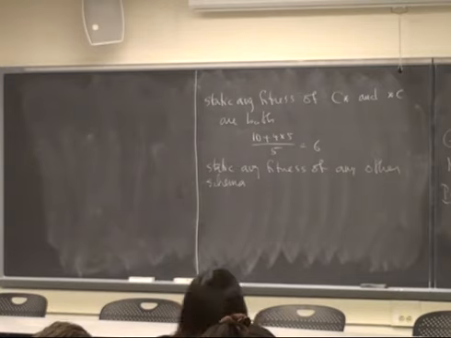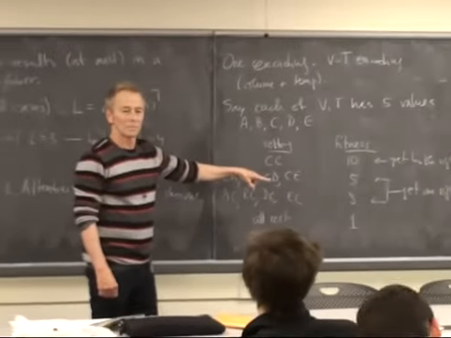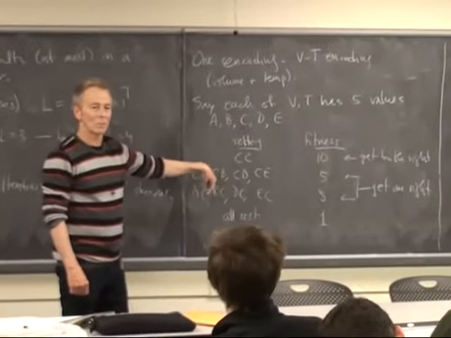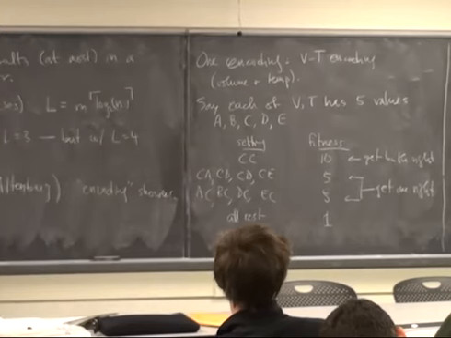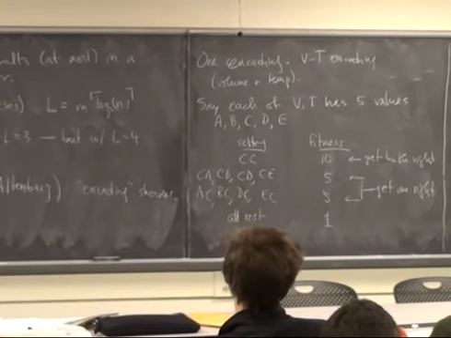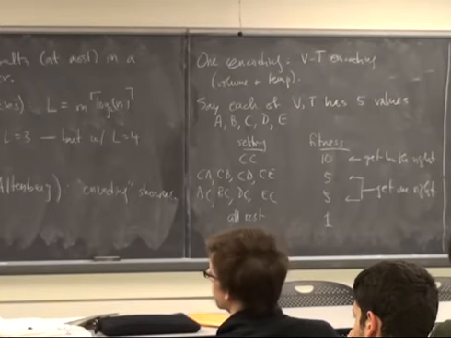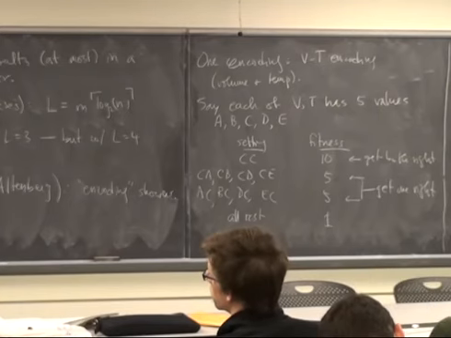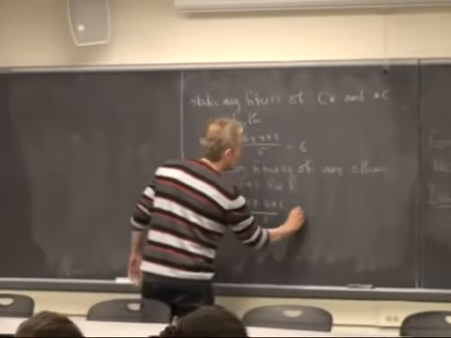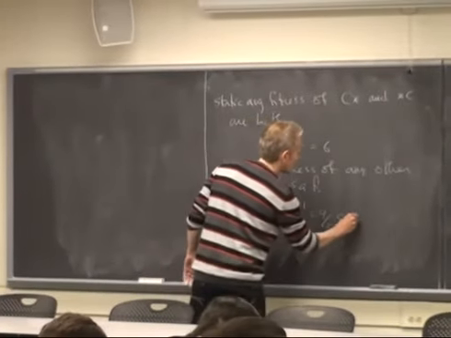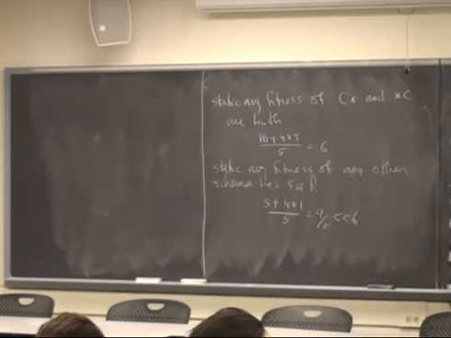The schema A star is going to have exactly one string that gets fitness bigger than 1, and all the rest are going to have fitness 1. So it's going to be 5 plus 4 divided by 5, which is 9/5, which is much less than 6.